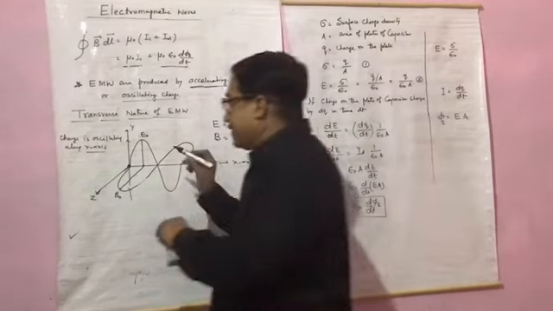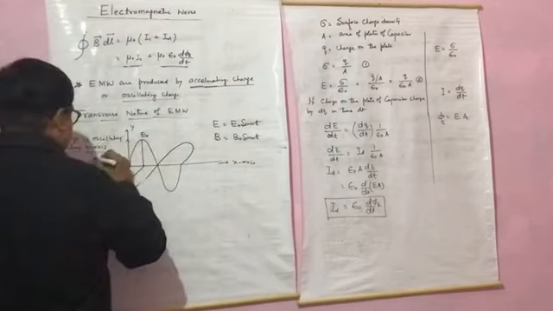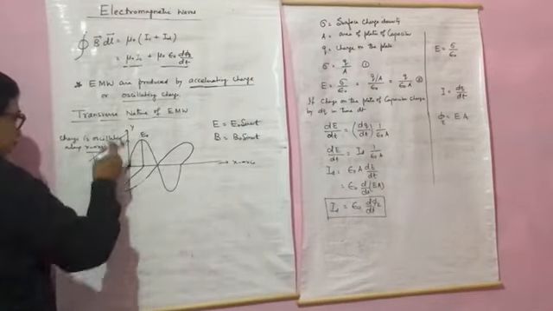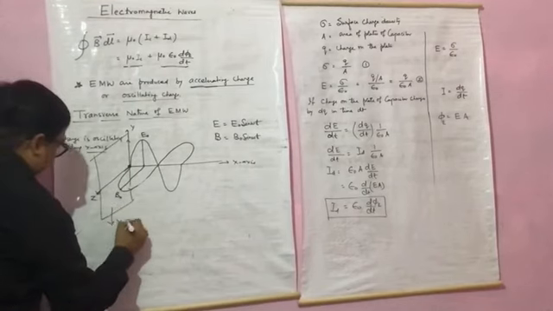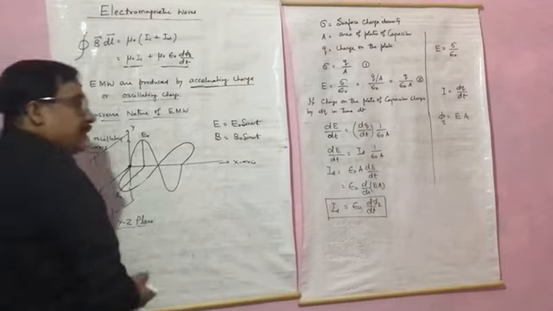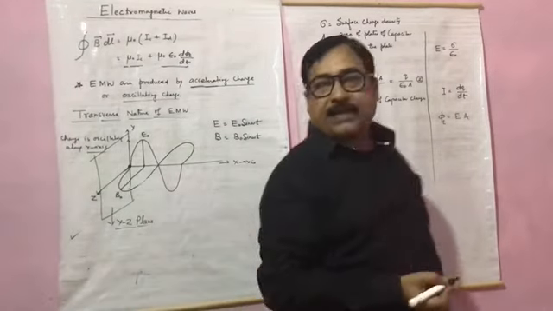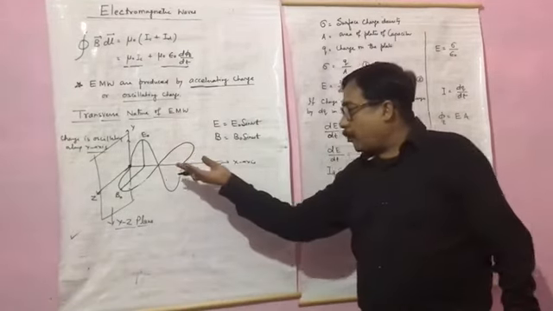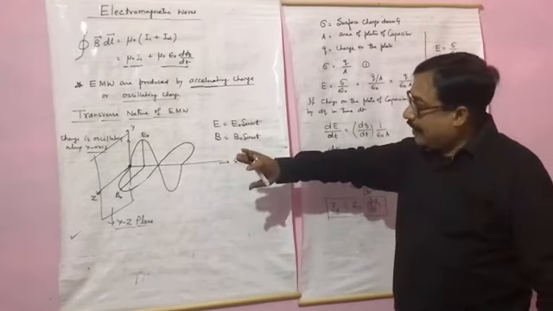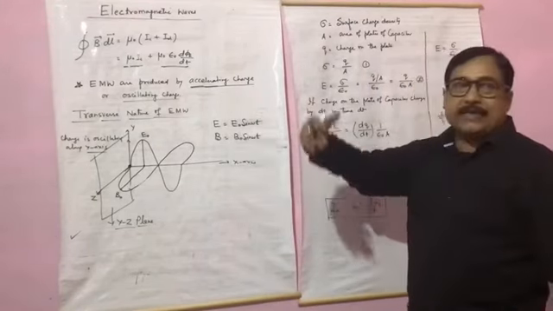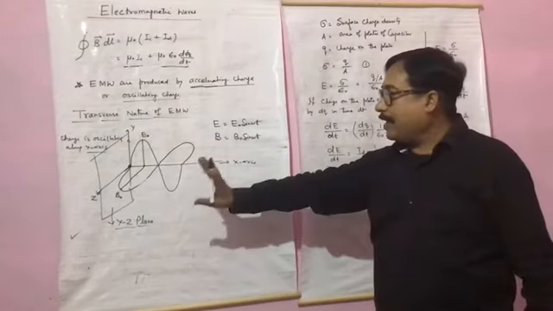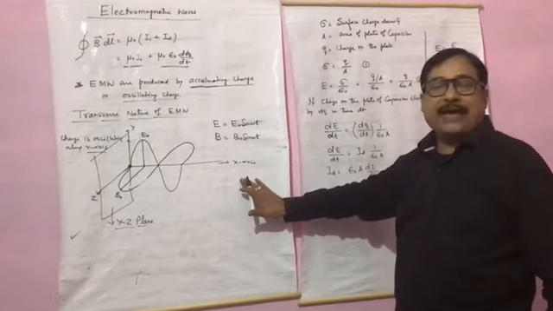So this is your YZ plane, in which both electric and magnetic fields are present, and the direction of propagation of the wave is along the x-axis. So the vibration is perpendicular, whether we take the vibration of the electric field or the magnetic field, both are perpendicular to the x-axis.